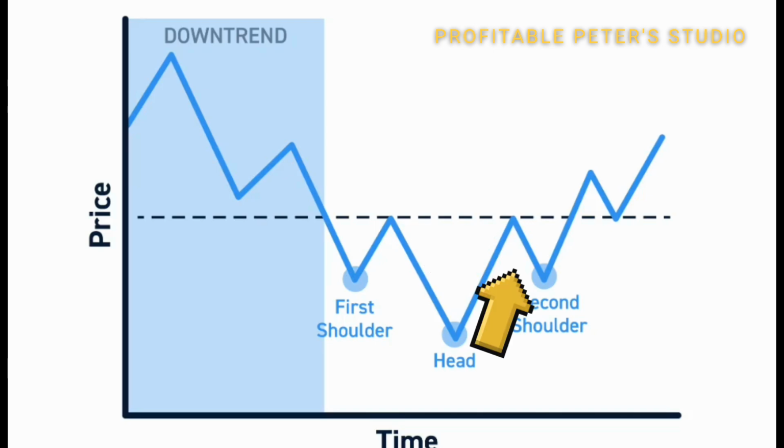The buyers pushed the price to this resistance. The sellers pushed the price to form the second shoulder, and the buyers at this point again were strong here. They pushed the price and broke out of this resistance. So as you can see here, the buyers were strong and pushed the price up, and the sellers here pushed the price and retested this resistance line, this neckline, and then the buyers pushed the price up.